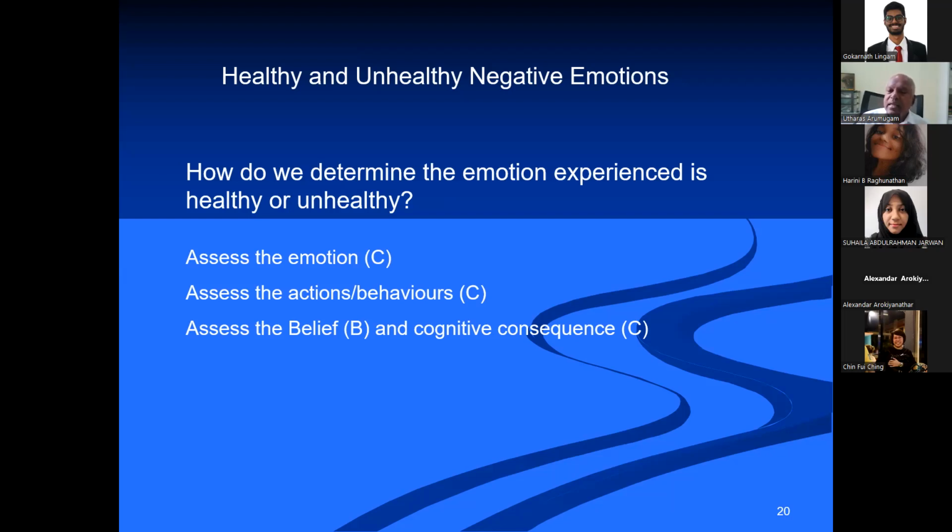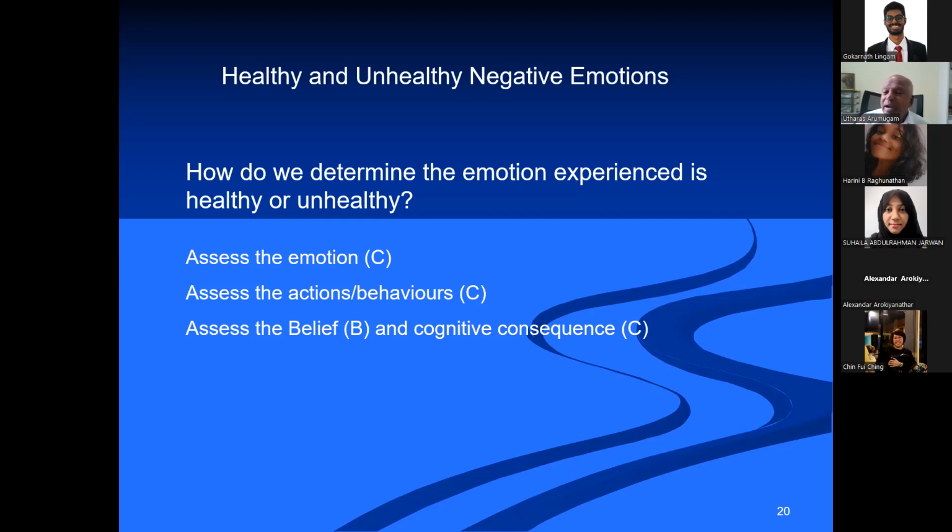They think as though they shouldn't have felt this emotion. But what we do is assess that emotion, the actions and behaviors they engage in, and also the beliefs and the cognitive consequences. The beliefs, in the sense that we assess what's going on in the person's head: is it an irrational or rational belief?